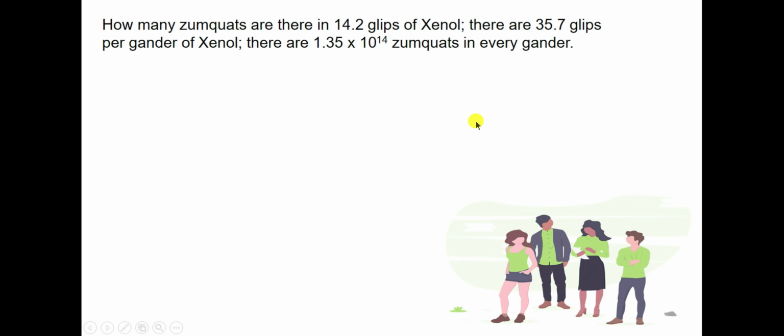You don't have to know what kumquats and glips and xenol and ganders are. You can just say, I'm going to take this information, use my math skills, and get an answer. It would be better if these were things that had some chemical relevance, that you understood the concepts, but sometimes just getting there by calculation can get us there.